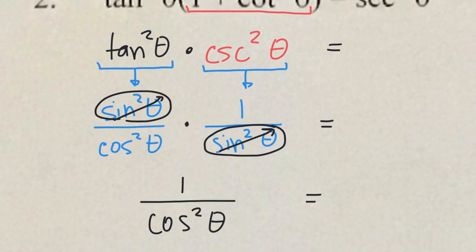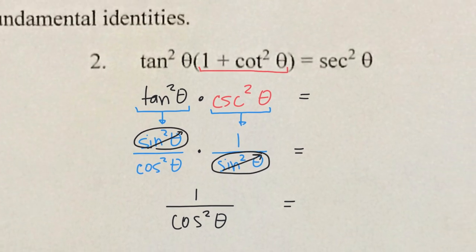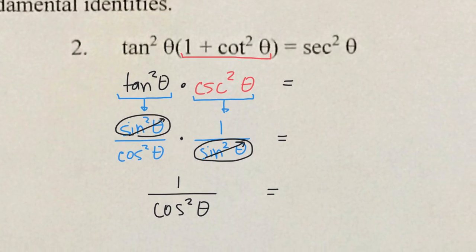Then looking at our answer, it wants to be secant squared. Hopefully you know that 1 over cosine squared is the reciprocal of secant squared, and that's exactly what we want our answer to be.